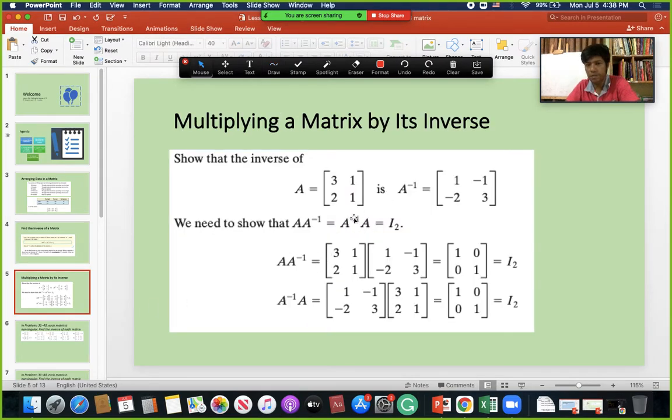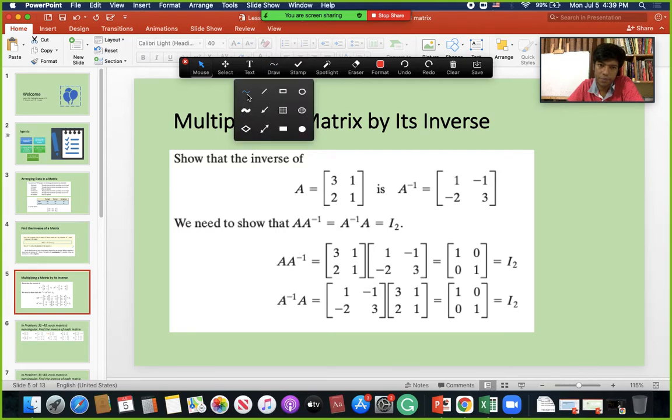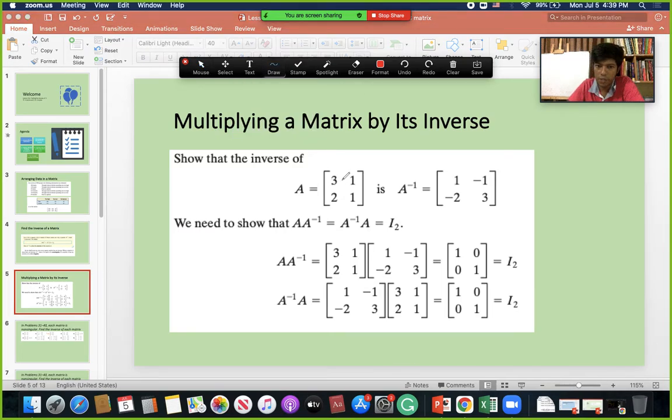This is an example of inverse matrix: A equal to this and A inverse equal to this. When you multiply A and A inverse, it becomes the identity matrix, and A inverse into A also becomes the identity matrix. So this is a proof. Suppose it is not given, and A equal to this and D equal to this are given.